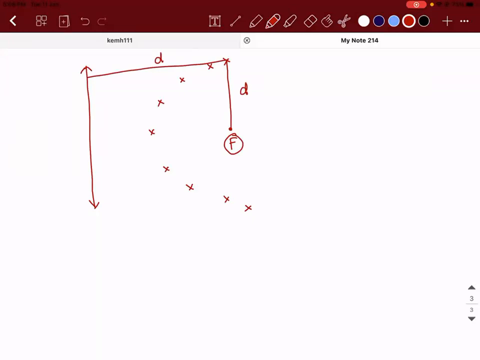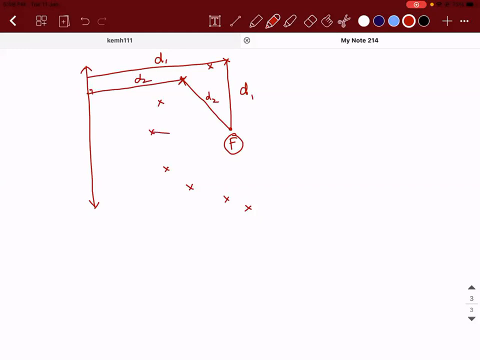Does it make sense? Are you able to understand what I'm trying to say? Similarly, the same point, let's say after time t, has moved to this location. Now I'll measure the distance here. The distance between a point and a straight line is always the perpendicular distance, so you drop a perpendicular from here. Let me call this distance d1, and this distance will also be d1. Now this is d2, this will also be d2.